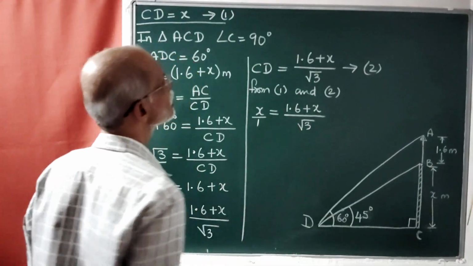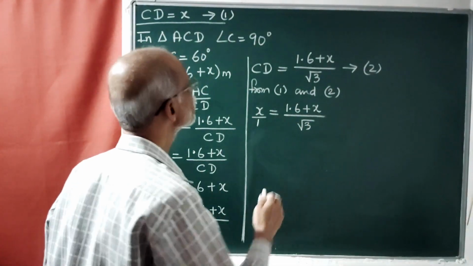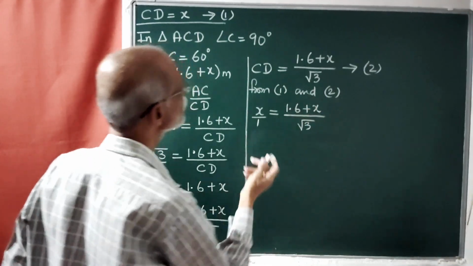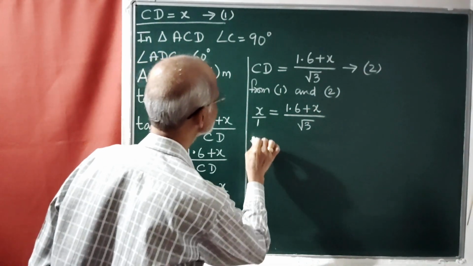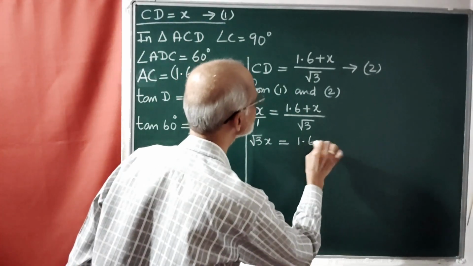Cross multiplying, root 3 x is equal to 1.6 plus x.